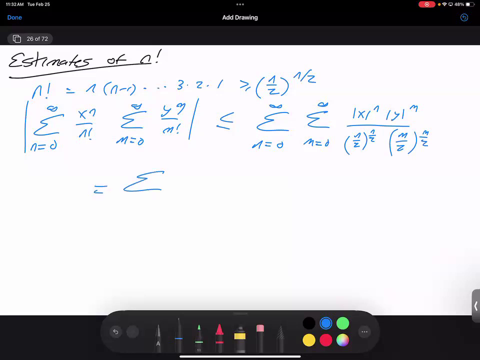So that would be the sum n goes from 0 to infinity of absolute value of x to the n over n halves to the n. That should be, I think, square root of 2 absolute value of x to the n over n to the n, and something similar for the y sum.